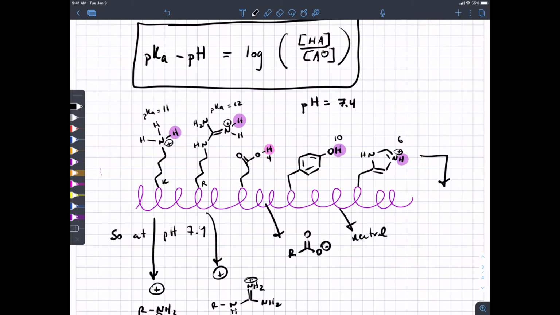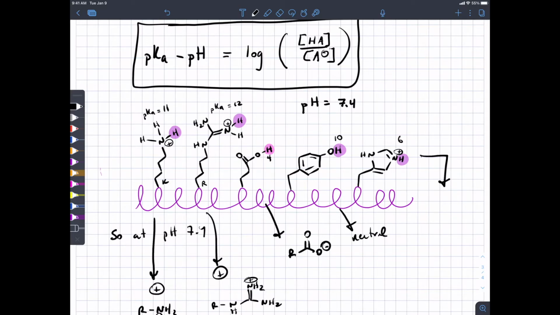How about a pKa of 6? 6 minus 7 is negative, but not by a lot. 6 minus 7 is negative 1.4 on a log scale, probably.